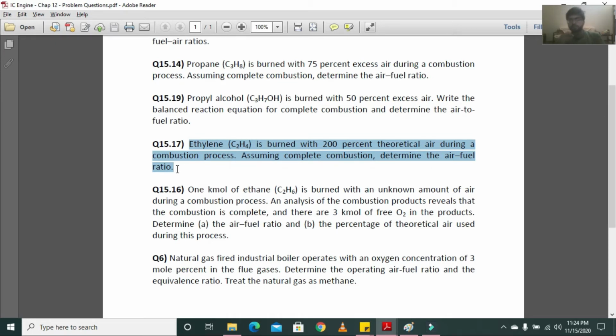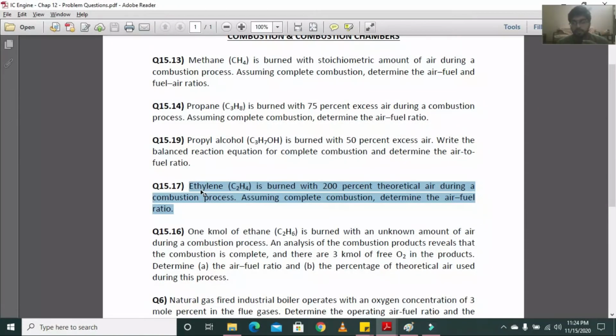So again, for example, if I have ethylene which is C2H4, and it is being burned with 200% theoretical air.